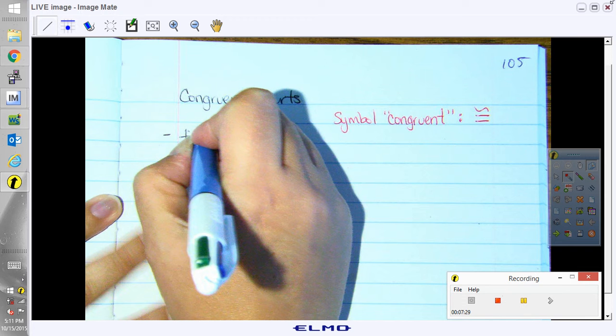Okay, next we're going to go to a keyword that you need to know, vertical angles.